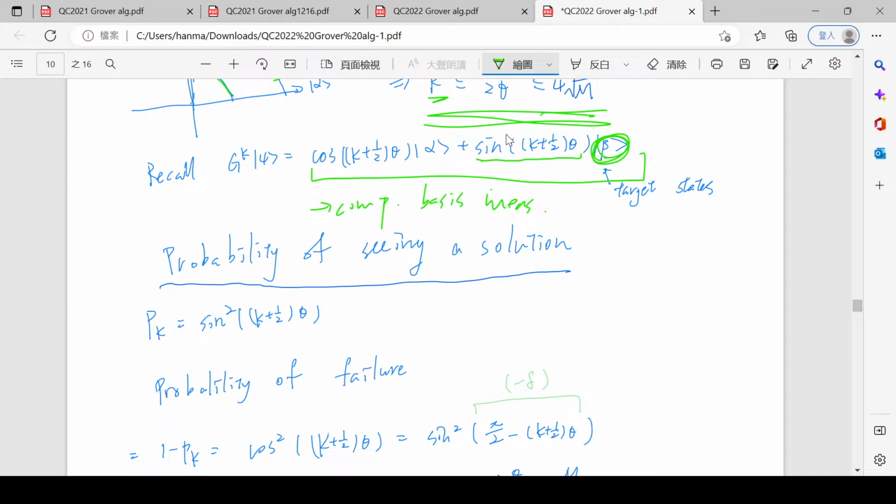You will have this probability, sine square of (k plus 1 over 2) theta, to get a uniformly random item from this beta. There are m items, so 1 over m probability to get each one of them. Similarly, you will have cosine square probability to get a uniformly random thing from here. Are people buying this? It's like one or two lines, but let's skip that.